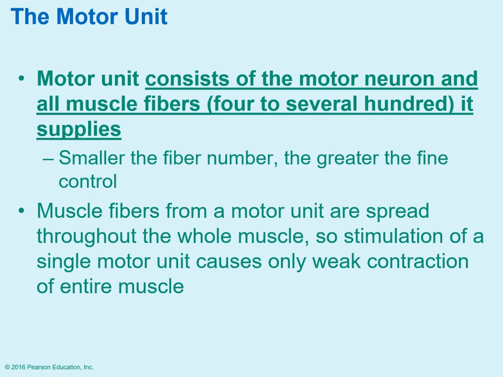You've got the motor neuron, you've got all the muscle fibers. So if you have only a few, say you have 4 fibers being stimulated, then you have a lot more fine-tuned control. But if you have 100, it's going to be typically a stronger contraction, but not quite as delicate in the fine control.